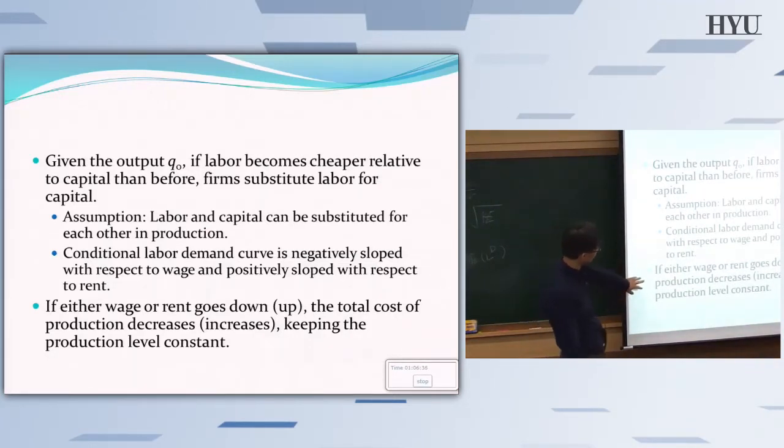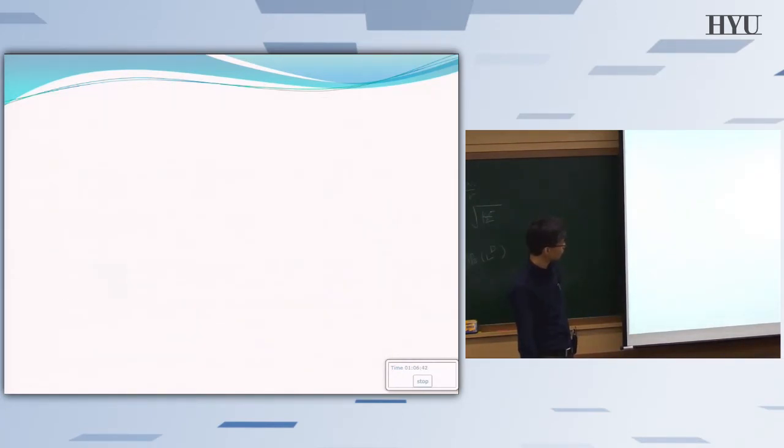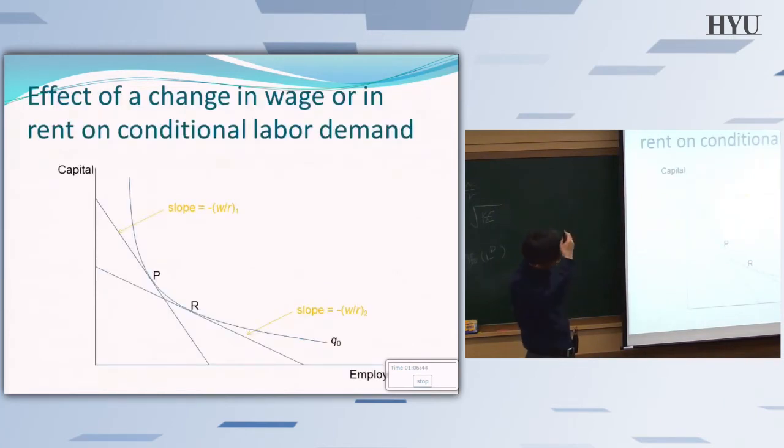Oh, this part. Total cost of production. Think of this way. Let's say wage falls and rent was fixed. Only the wage falls.